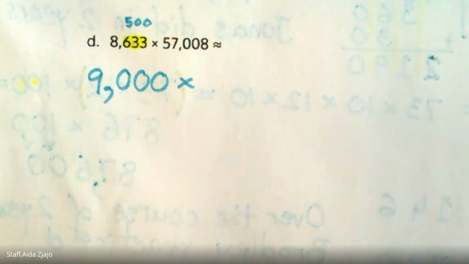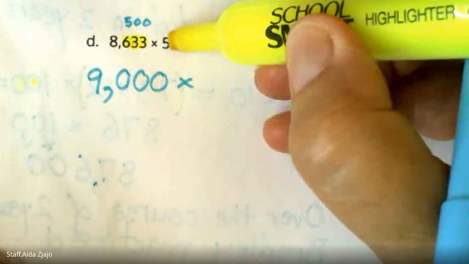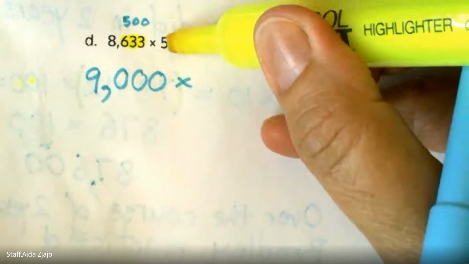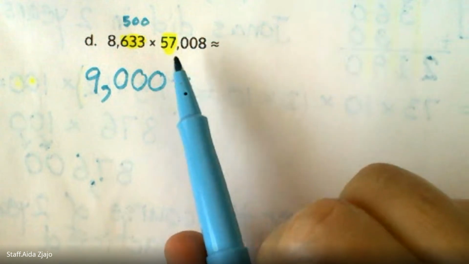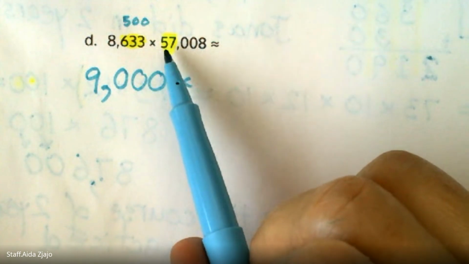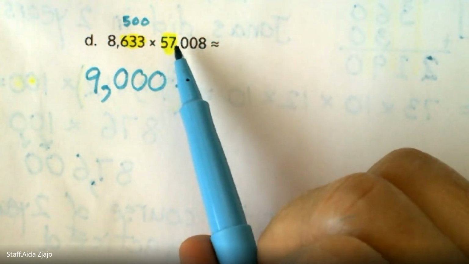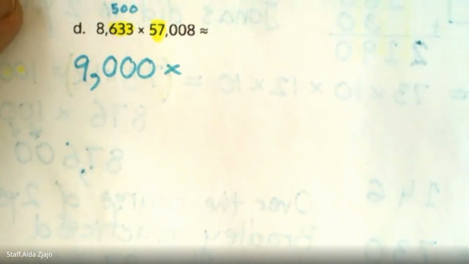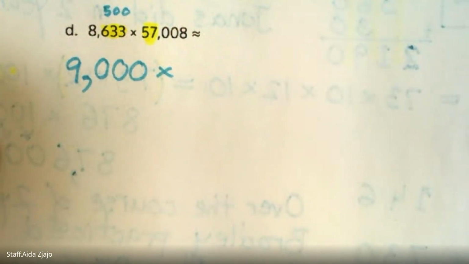Okay, now next, this is 57,000. So you can also use this estimation to round to the nearest 10,000, or you can round to the nearest 1,000. And Mrs. Z is going to do both just to show you how the answer is going to be a little bit different, all right? But the closer to the answer, the better you get.